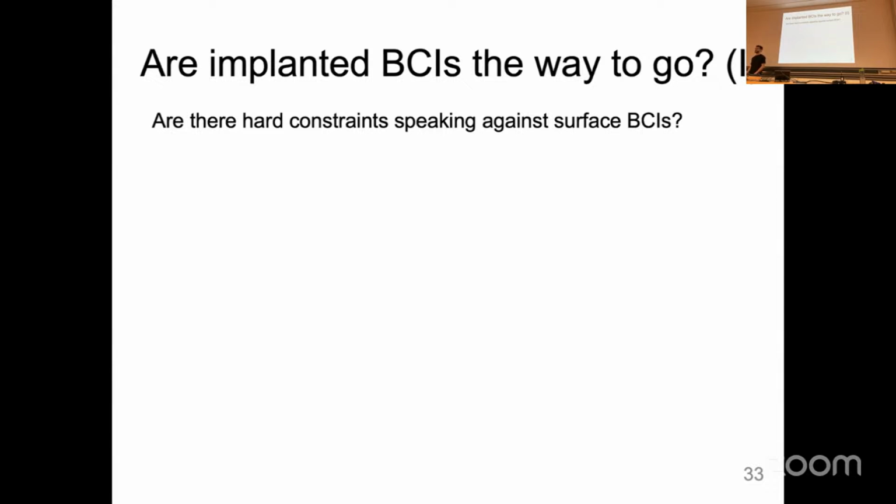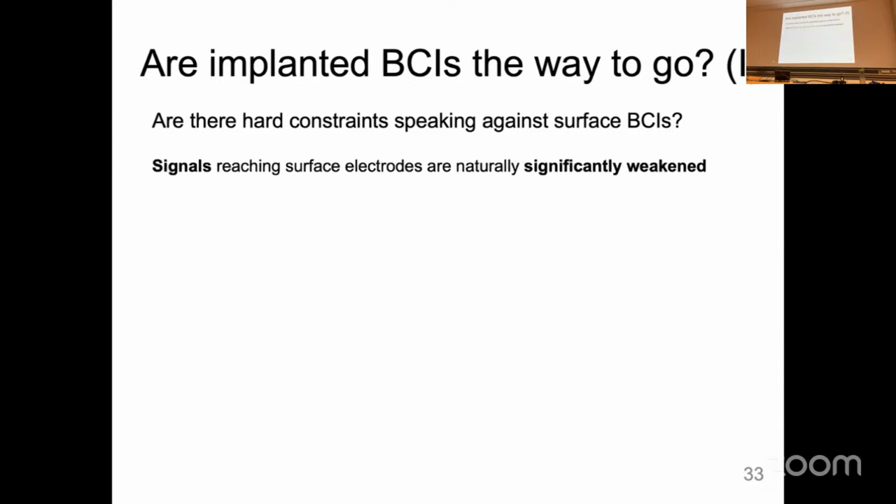Any other ideas? Okay, so first of all, of course, there are many advantages. But there are also hard constraints. Signals reaching the surface electrodes are naturally significantly weakened. Also there is the depth at which you can sense: if you implant a better sensor, you would always get better data.